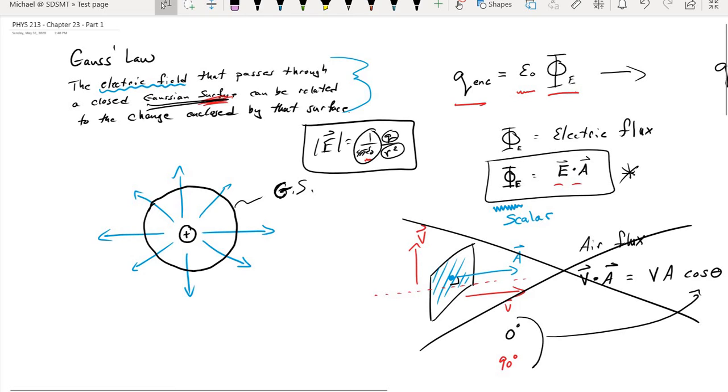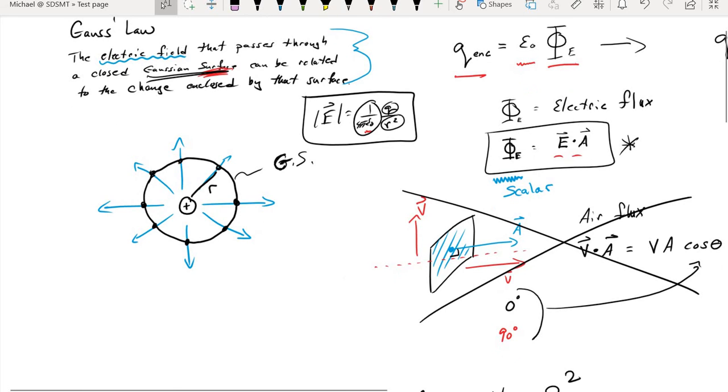And the whole point of this expression is that no matter where I go on the surface of this sphere, I'm always the same radial distance away from the charge. As such, I have the same magnitude of electric field. That means the electric field is uniform at all points on the surface of the sphere.